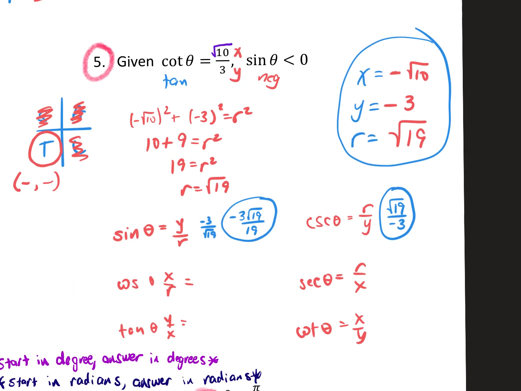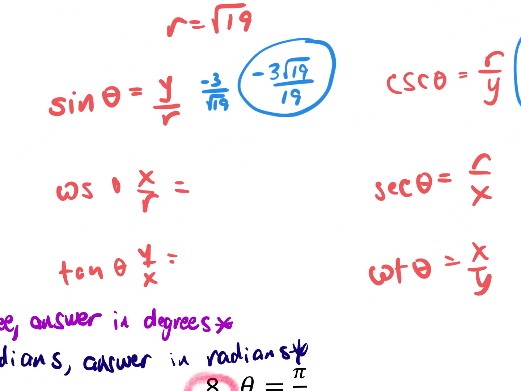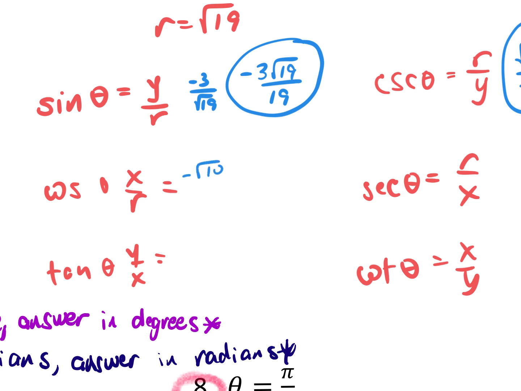All right. Cosine is x over r. So square root of negative 10 over square root of 19. Is that okay? No. Guys, a root times a root is just a what? Bigger root. This becomes the square root of negative 190 over 19. Does the square root of 190 break down? It doesn't.